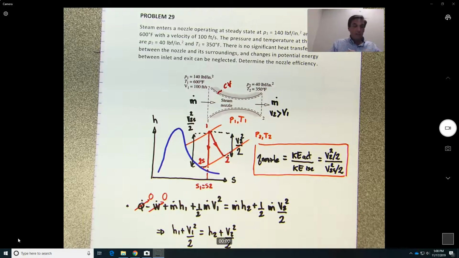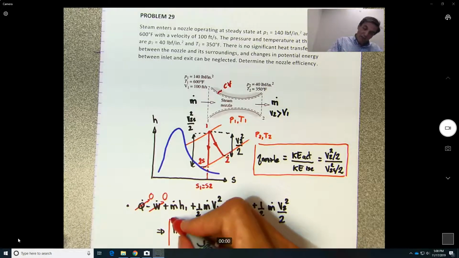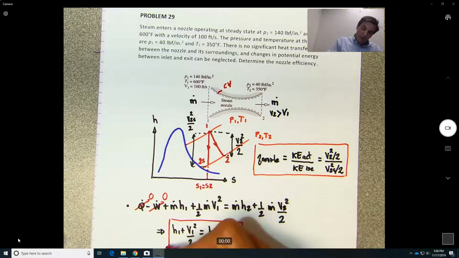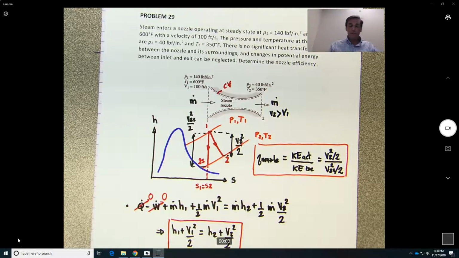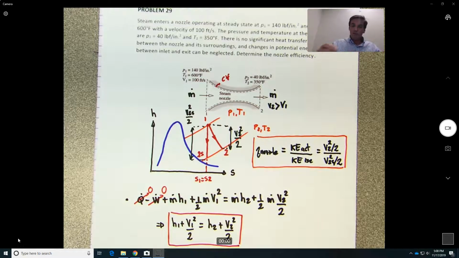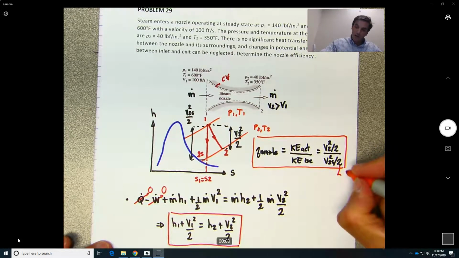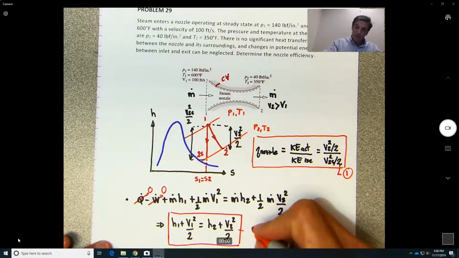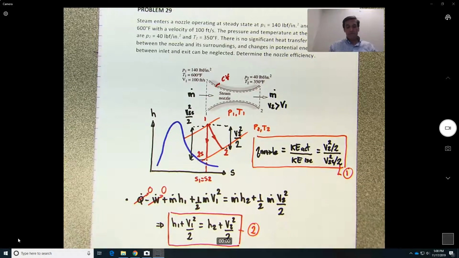So basically here we have the two equations that we derived on the previous video for the isentropic efficiency of a nozzle. So these are the two equations we can have to deal with, 1 and 2. Alright, so let's see what we need.